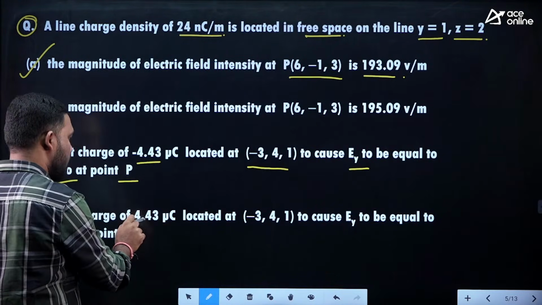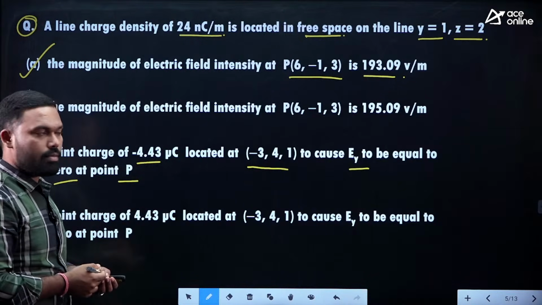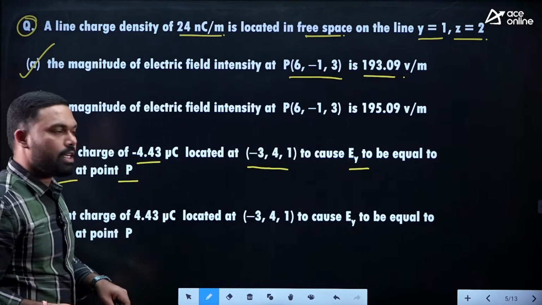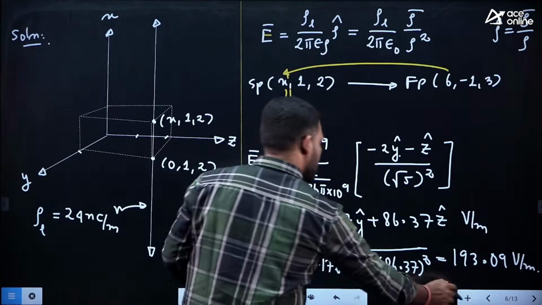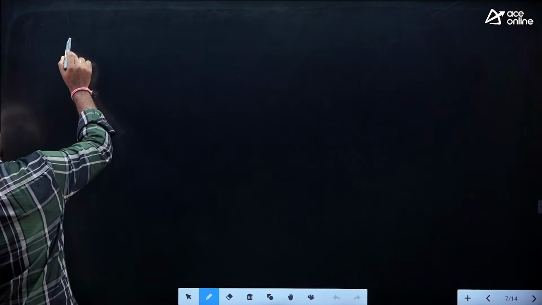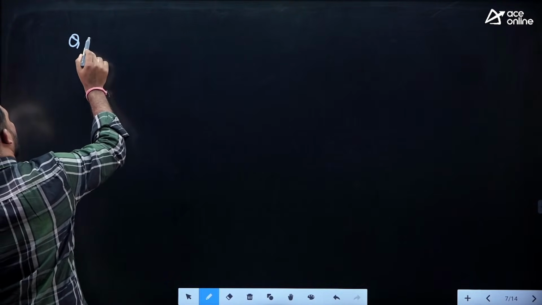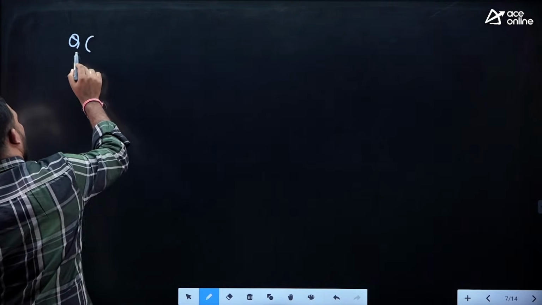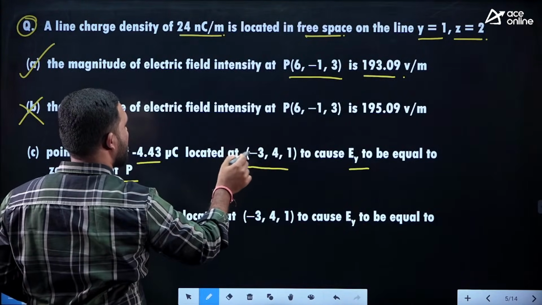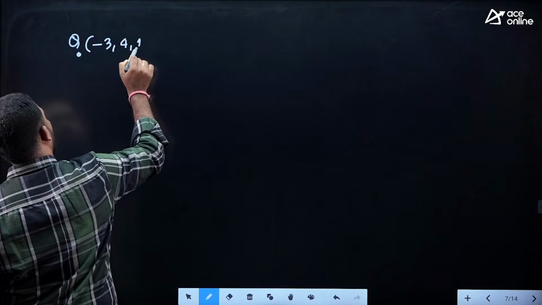Minus or plus is given, so better you take some charge q and let us work on that. Let us find out what that charge value is. Is it plus 3, plus 4 or minus 4? So the charge q is at minus 3 comma 4 comma 1.